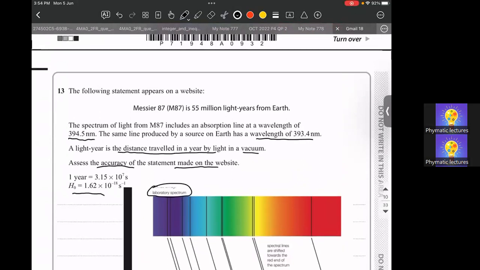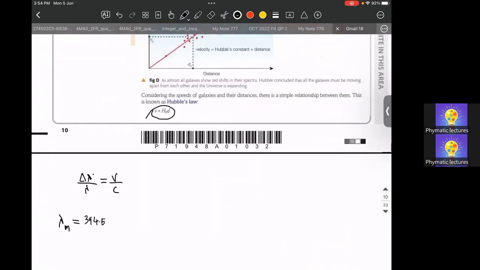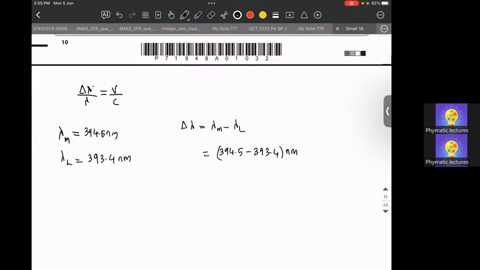The absorption line was 394.5. And then the lambda measured in the lab is 393.4 nanometer. Therefore, the change in lambda is lambda measured minus lambda measured in the lab, 394.5 minus 393.4, which is 1.1 nanometer.